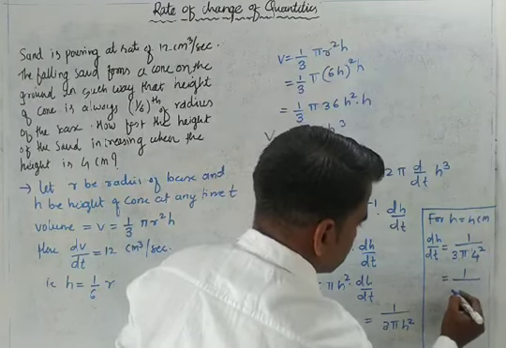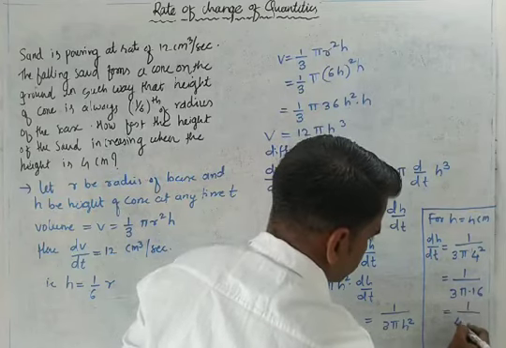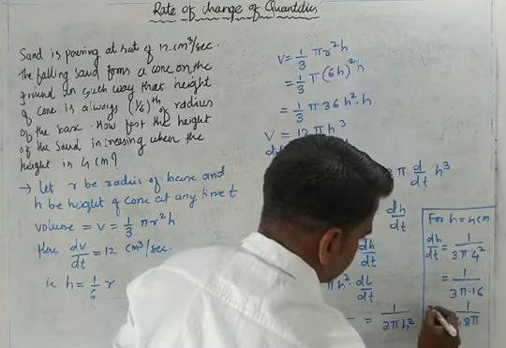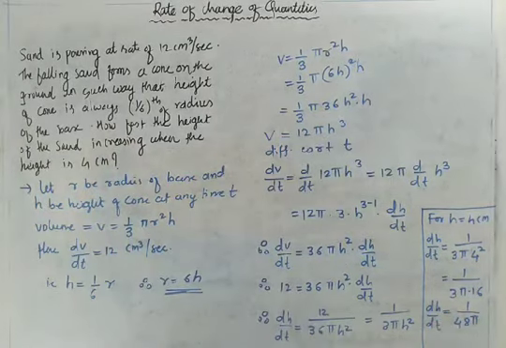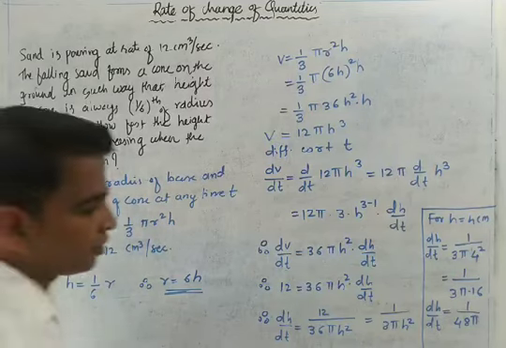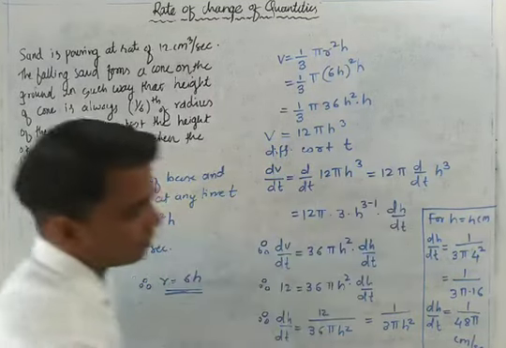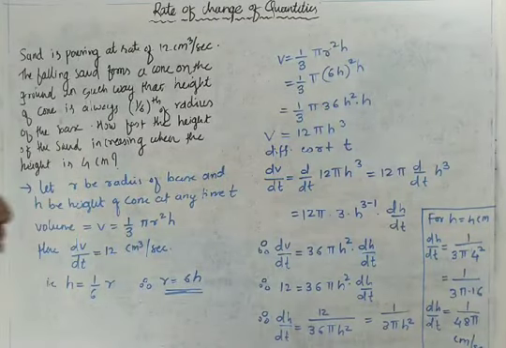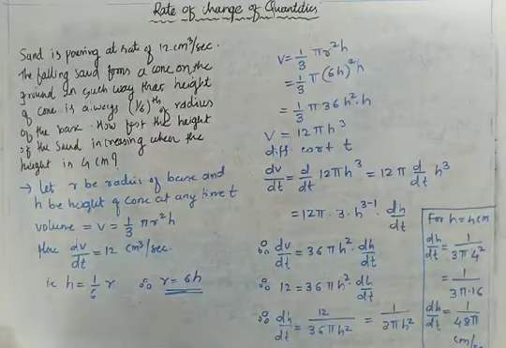So 1 upon 3 pi into 16, that is 1 upon 48 pi, the value of dh by dt. And for this dh by dt, the unit is, height is given in centimeter, so that is centimeter per second.